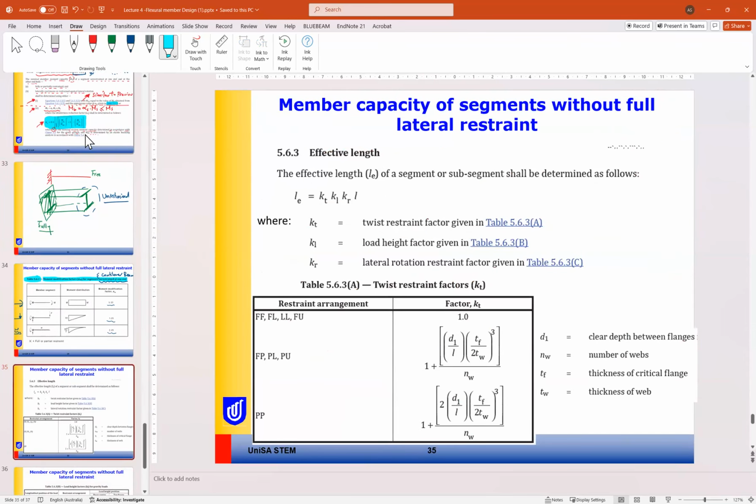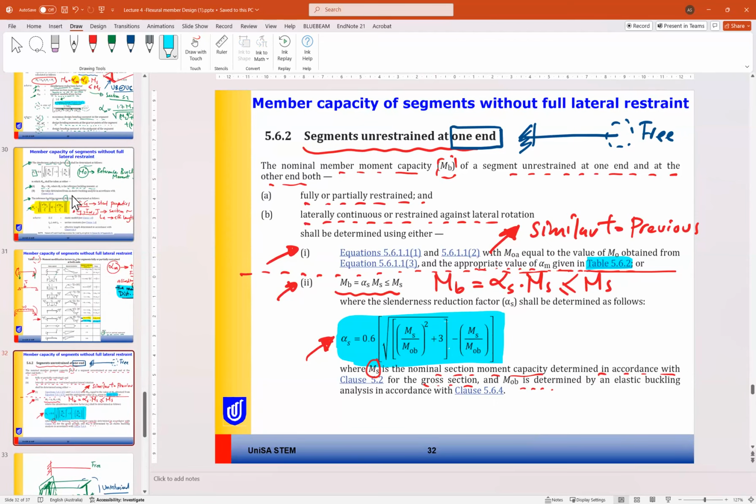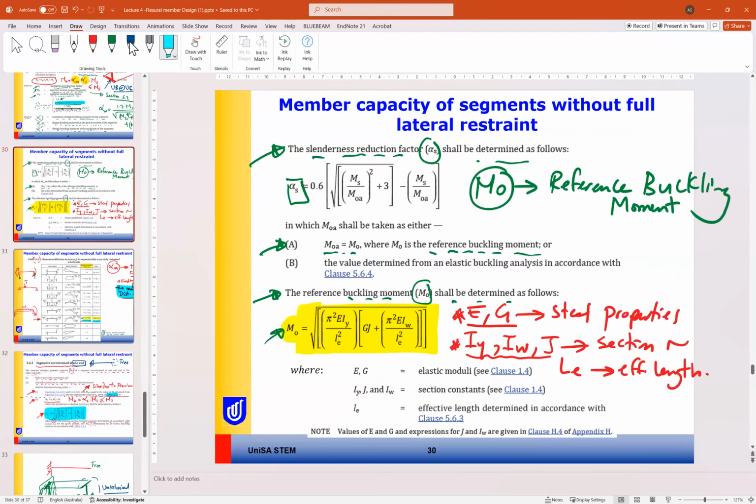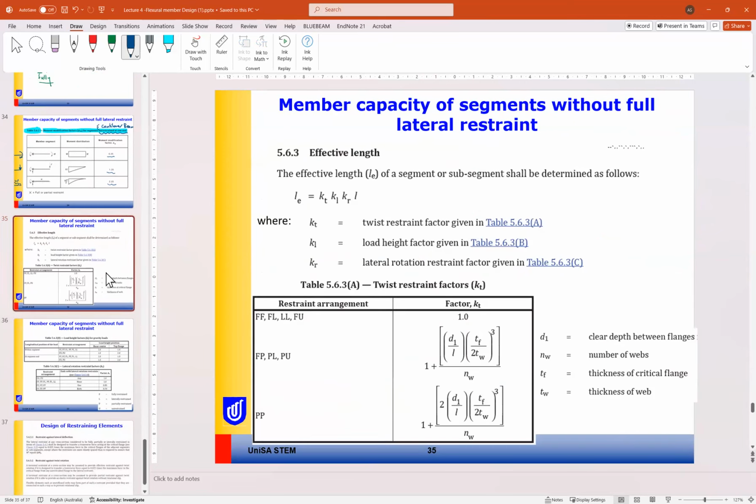And if we go back to the formula, we have one part we didn't mention. What is this part? L effective. So L effective is the effective length according to clause 5.6.3. So the effective length will be according to this clause here, 5.6.3.